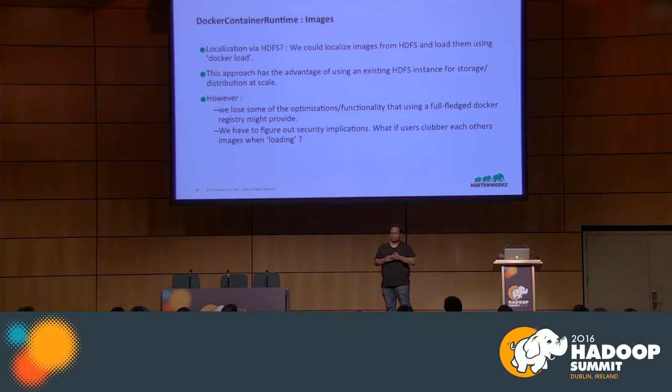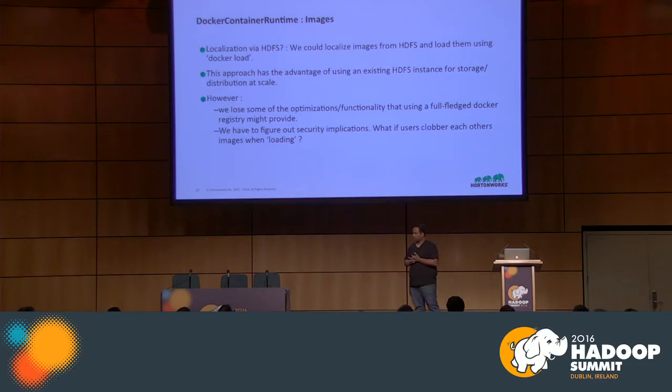Now, there are a bunch of issues there. It does away with a bunch of optimizations that the Docker registry can already provide, such as security and signed images, which no longer work. And depending on what you're loading the image as, you could squash somebody else's images. So you have to be a little careful there, right?